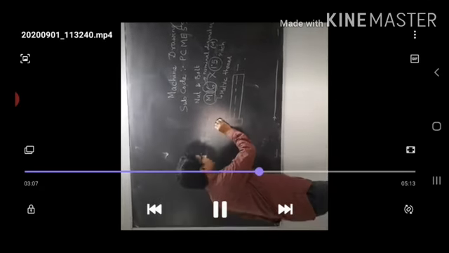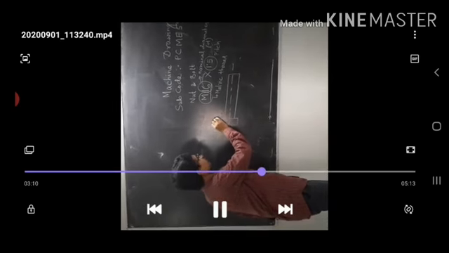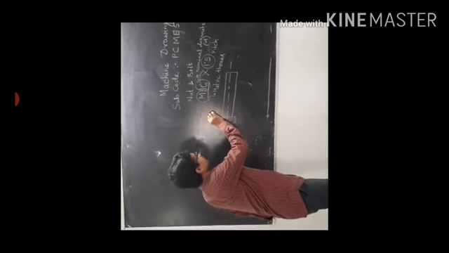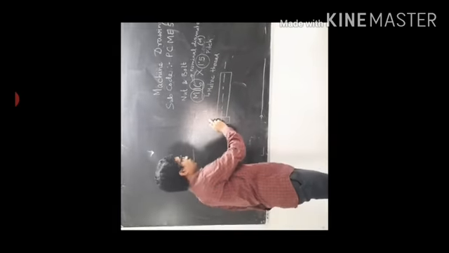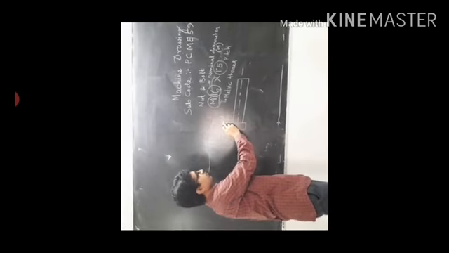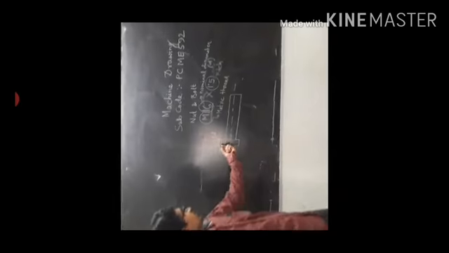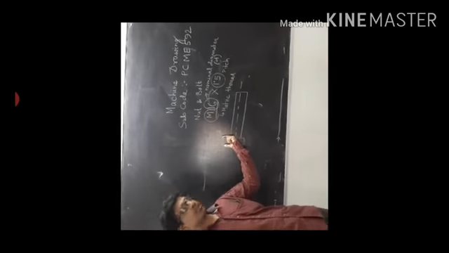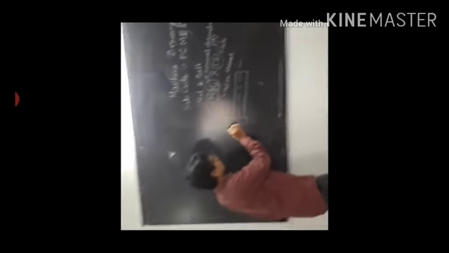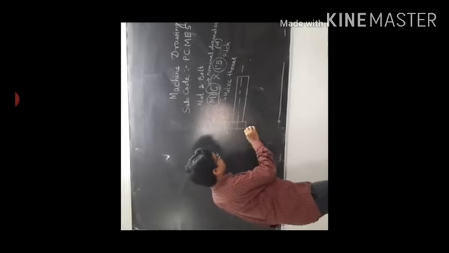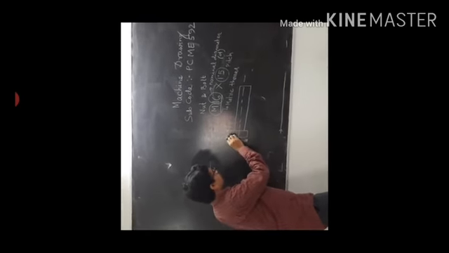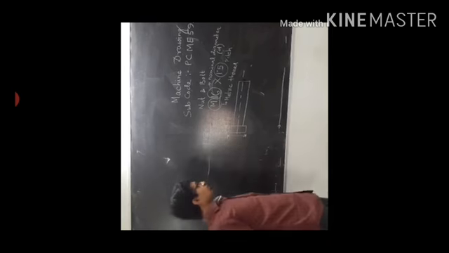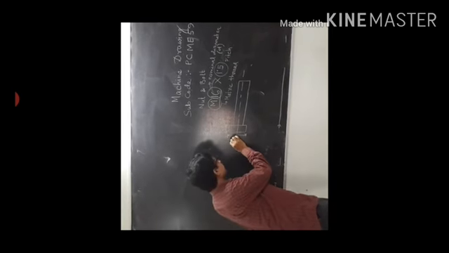Suppose this is t, the thickness of the bolt head. t is equal to 0.7d. d is given as 16, so you calculate 0.7 multiplied by 16, so that is the thickness. This one is 1.5t plus 3.